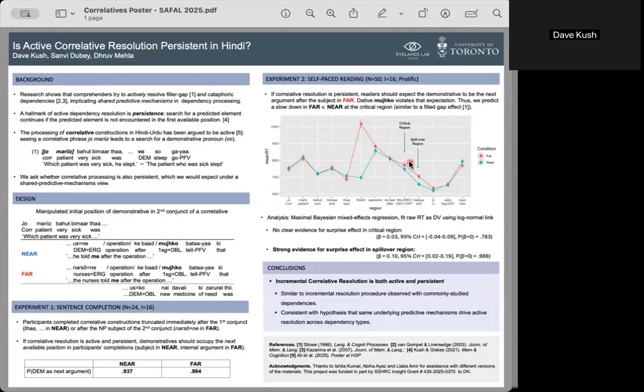At the critical region, we see maybe a very small trend towards an effect, but nothing really to write home about.